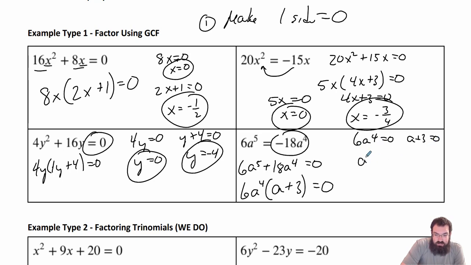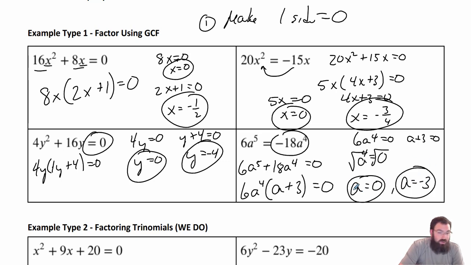I divide by 6, so I still get 0. Then I take the 4th root of it. If I take the 4th root of 0, I actually get 0. And then I subtract over and I get a equals -3. So those are my two answers for that one. So that's factoring using GCF. We might still use GCF down below, but now we know how to do it.